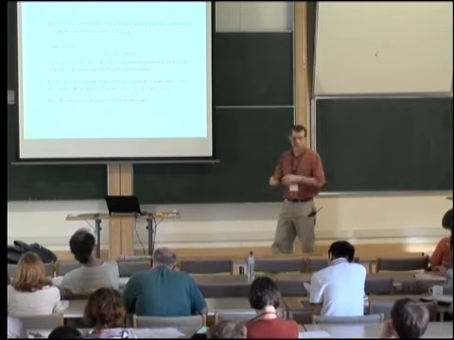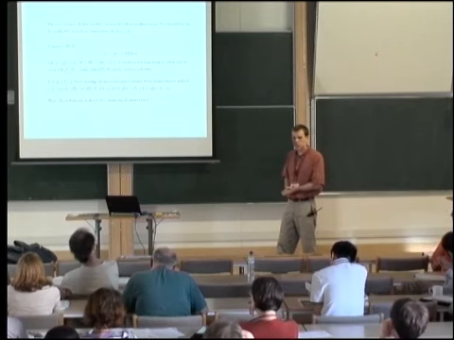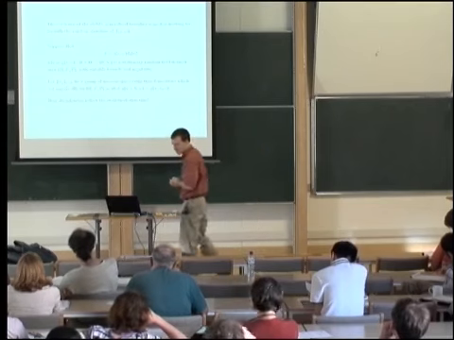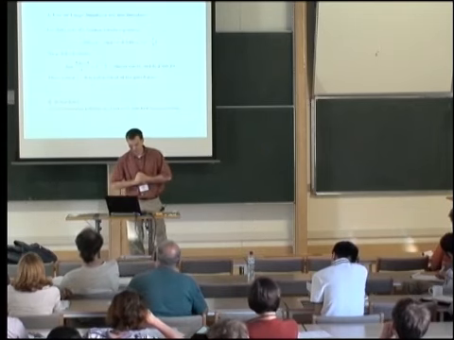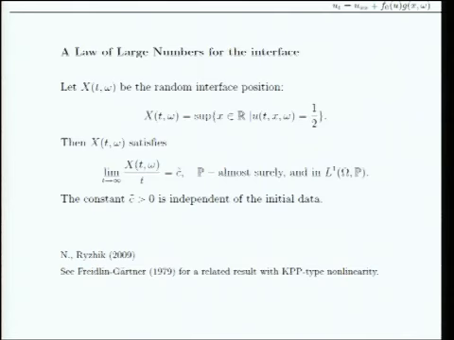Then we may ask, well, what can we say about the statistical behavior of this ensemble of waves? Well, in general, there's not a wave speed, but in this case, fluctuations in the position of the wave average out. We have a law of large numbers for the interface. So let x be the interface position. This is the rightmost point where u is equal to 1/2.